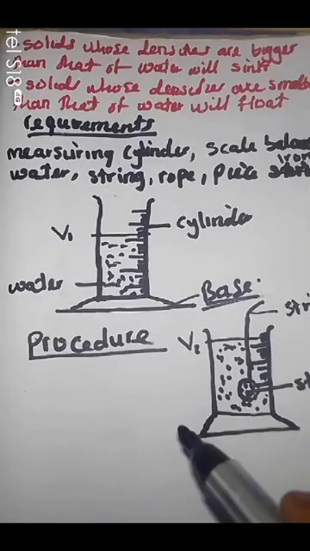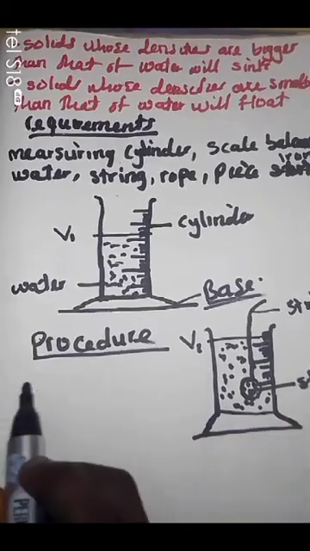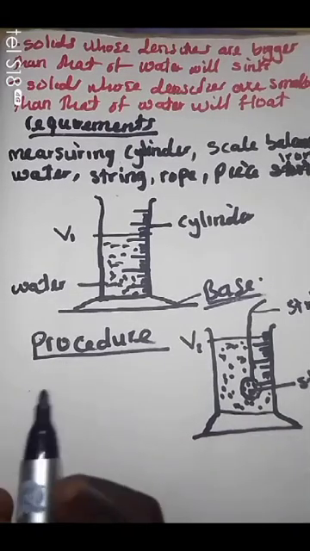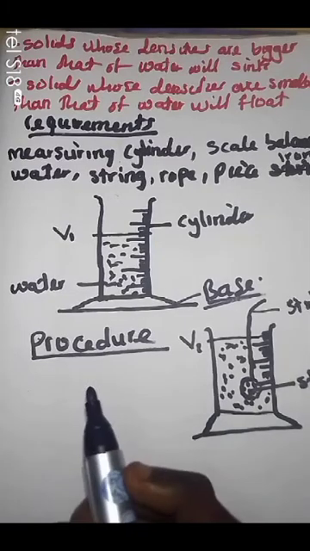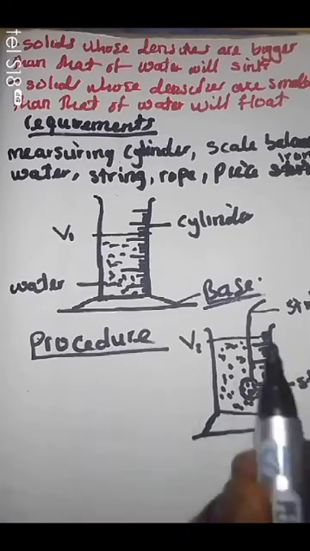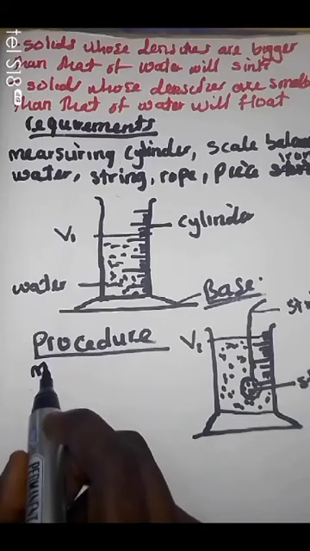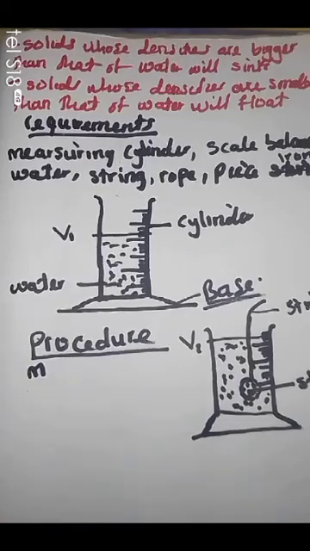We'll then say that the iron of mass m is weighed using a scale balance. We'll take the iron and put it on the scale balance to get its mass. We can call that mass m. Please, I'll not be writing the procedures here. You can pause the video and write it out.